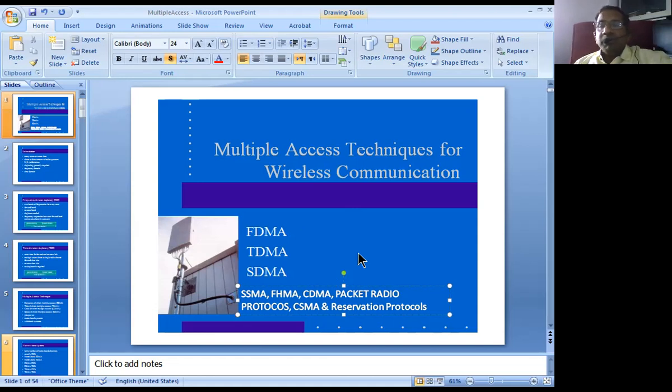Here we have FDMA, frequency division multiple access; TDMA, time division multiple access; SDMA, space division multiple access; SSMA, space sense multiple access; FHMA, frequency hopping multiple access; CDMA, code division multiple access; packet radio protocols, collision sense multiple access, and reservation protocols. All these are normally meant for providing multiple access techniques for wireless communications.